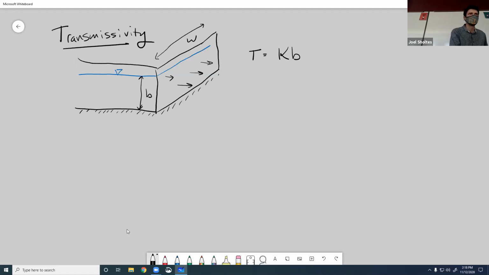It has units of length squared per time. And so W is really just a unit width. We'll get at that in a second.